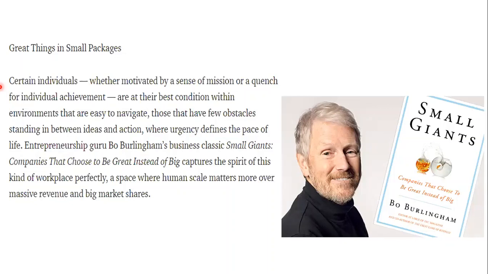Entrepreneurship guru Bo Burlingham's business classic Small Giants, companies that choose to be great instead of big, captures the spirit of this kind of workplace perfectly. A space where human scale matters more over massive revenue and big market shares.